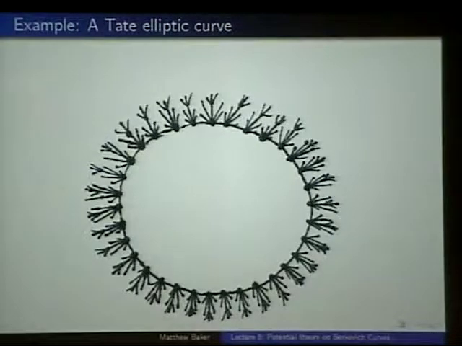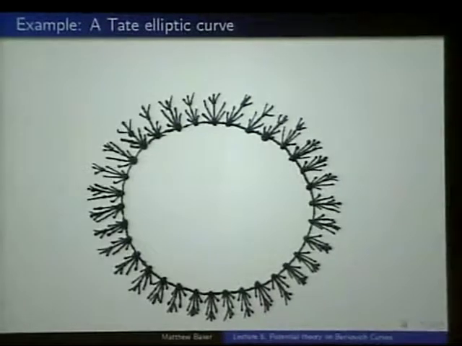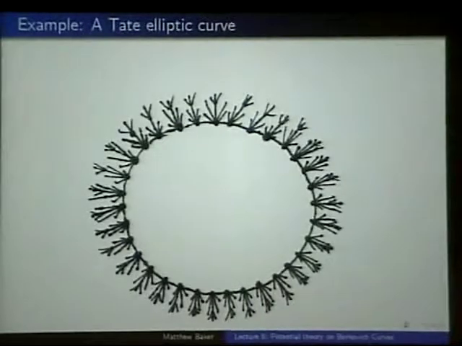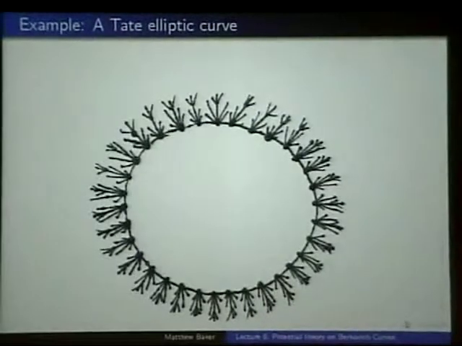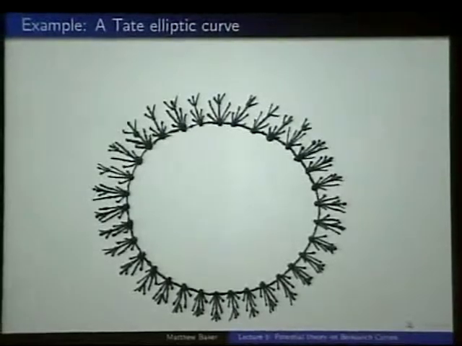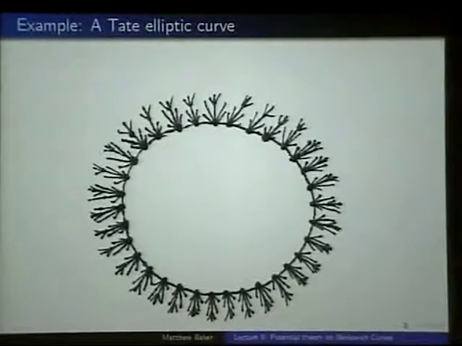And I'll explain now where the structure comes from. But roughly speaking, all these extra points here are coming from other models. You just blow up lots of points on the special fiber, and you introduce new P1s, and you keep blowing up in different ways, and you get more and more projective lines. And when you take the dual graph, on the level of dual graphs, you're adding trees.